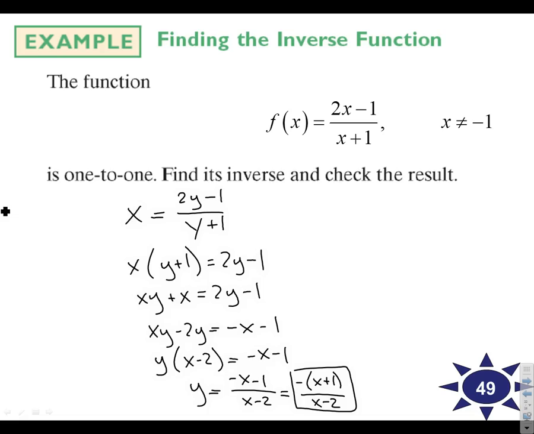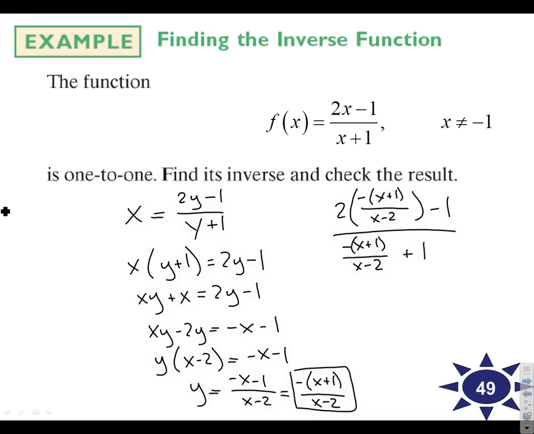All right, let's check the result. Plug this back in to negative x plus 1 over x minus 2 minus 1 over negative x plus 1 over x minus 2 plus 1. All right, so let's get ourselves common denominators here first.